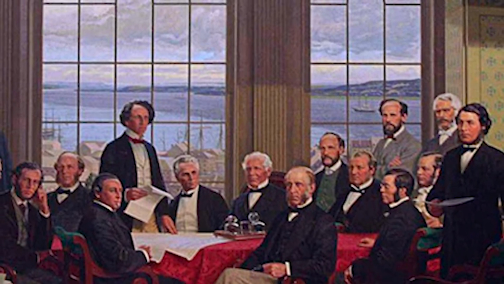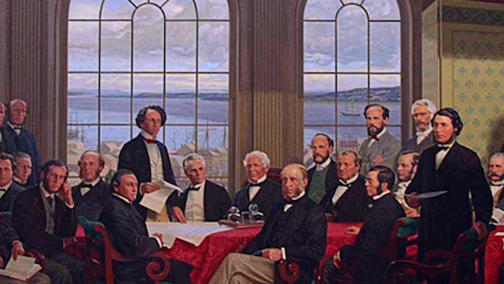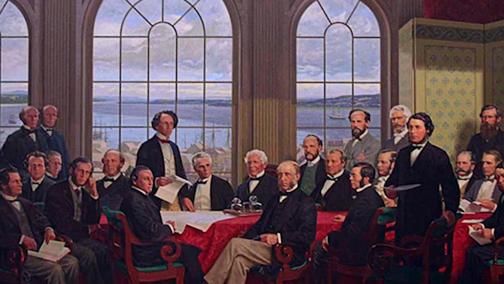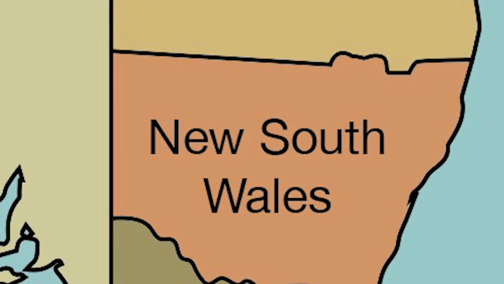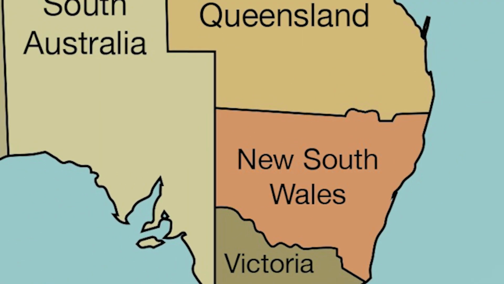Hopetoun had little knowledge of Australia, and so he decided to follow the precedent set by the Canadian Confederation, which was to appoint the Premier of the most populous state, which was New South Wales, as the interim Prime Minister. This would be Sir William Lyne.